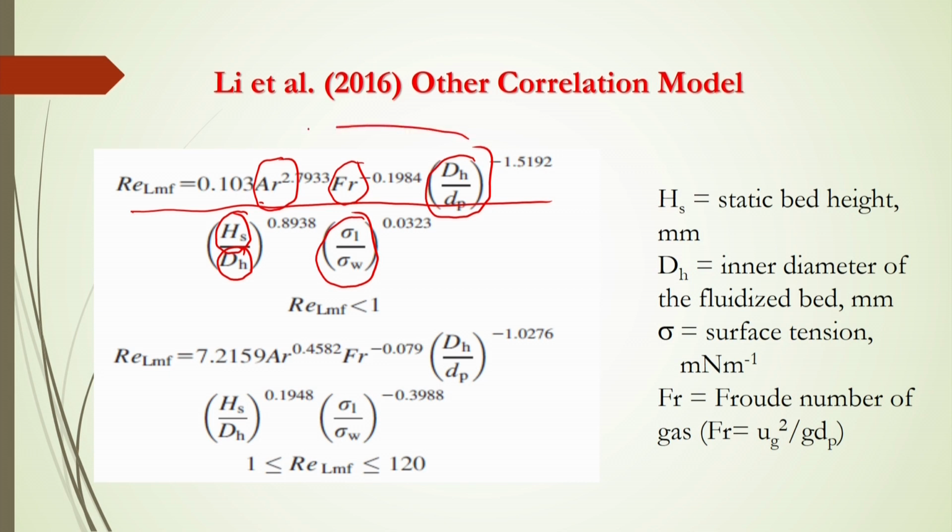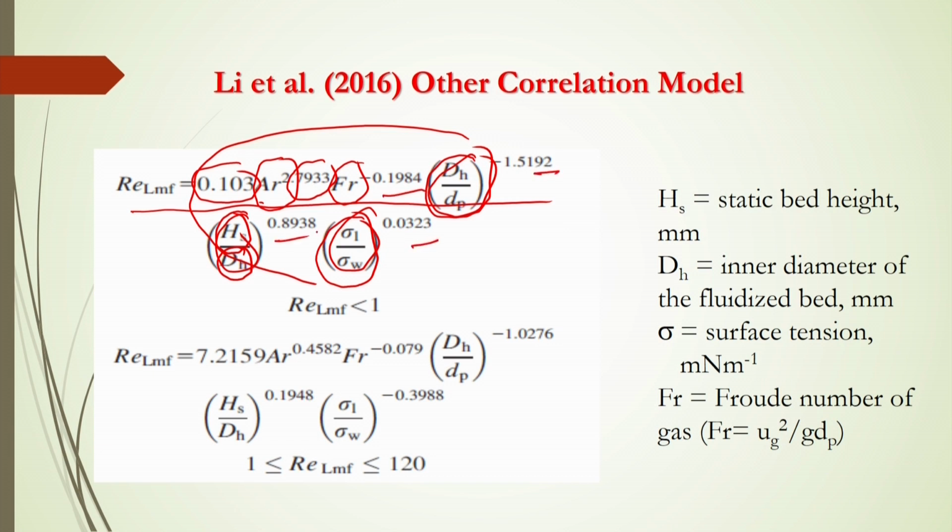From those they got these dimensionless groups and did regression analysis with the experimental data, and they got the equation with coefficients 0.103 and 0.7933 and other coefficients like this.